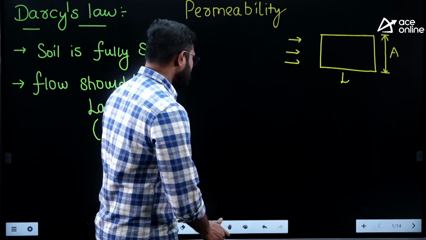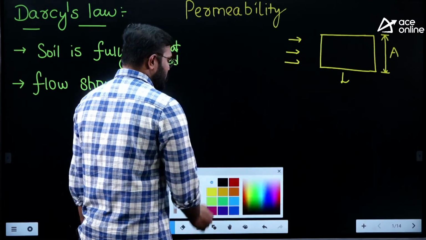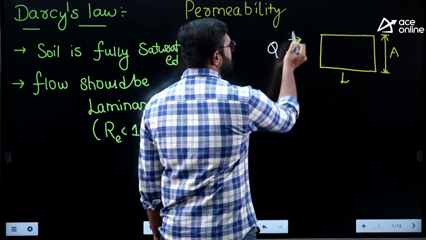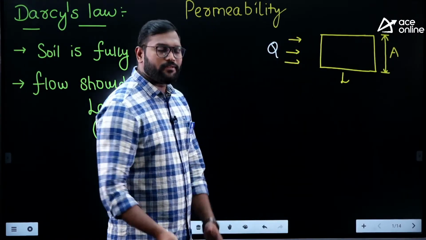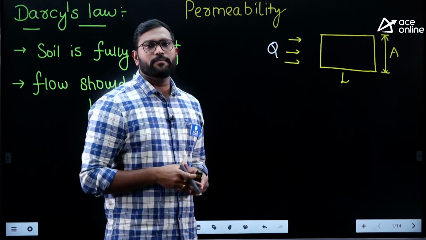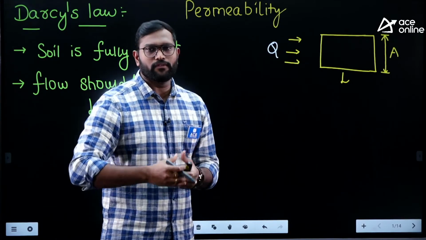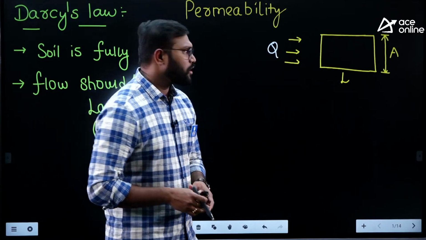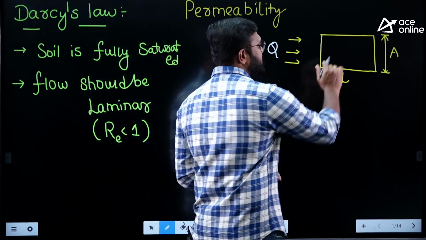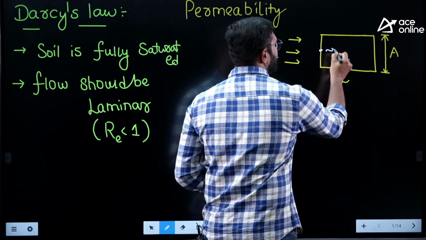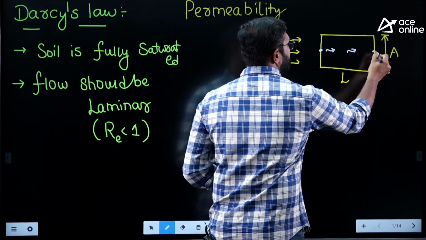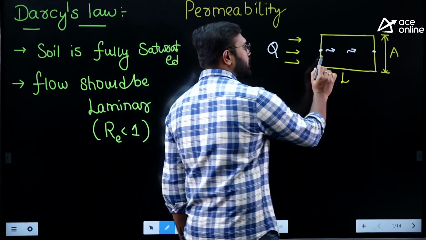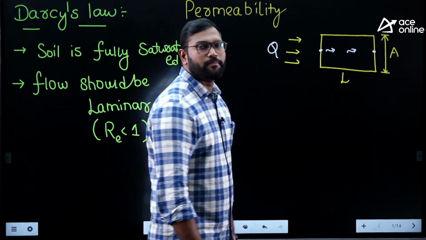So let's assume that some amount of flow rate is passing through the soil mass. What is the flow rate? When water is passing through the soil, we need to find that flow rate, which we can call the seepage loss rate. Whatever flow passes through the soil from one point to another depends upon how much head it loses over the length.